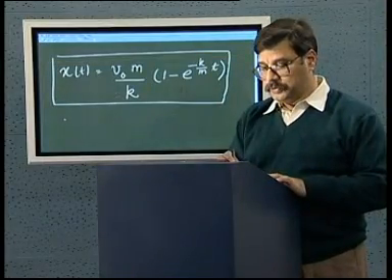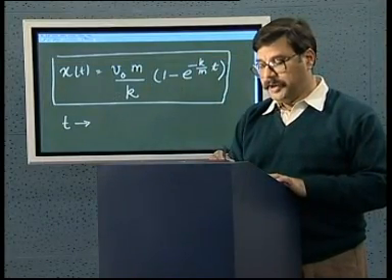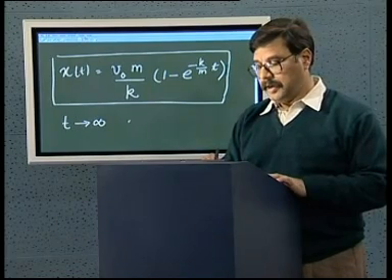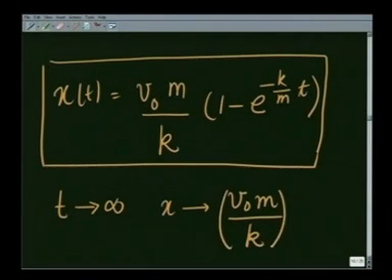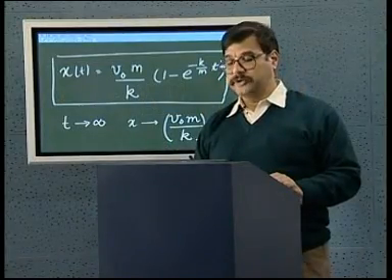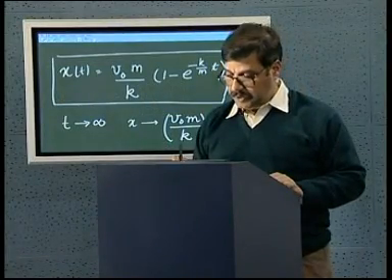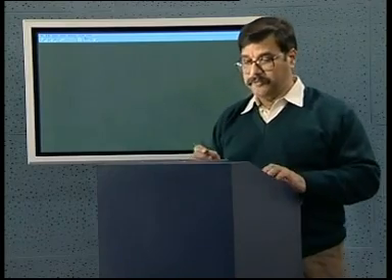As t goes to infinity, x goes to v0 m over k. So that is the distance that the particle will finally travel and stop after this. Let us see how the plot of this looks.